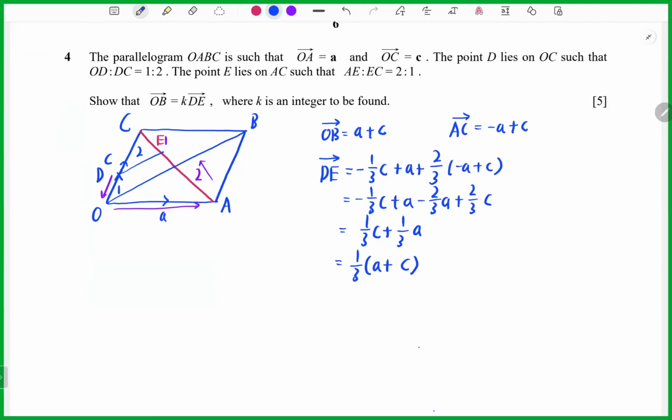Yeah, it's 3. Okay, now I can try to multiply here. 3DE will equal A plus C, because C is the same, right? So we can compare here. OB will equal 3DE. Yeah, so they are parallel, just a different scalar multiple.